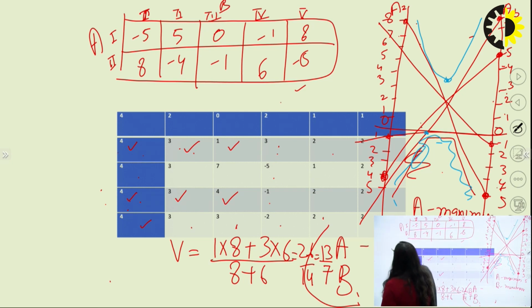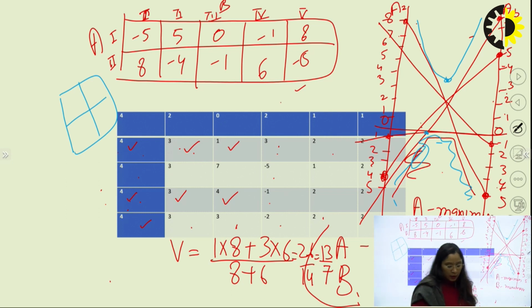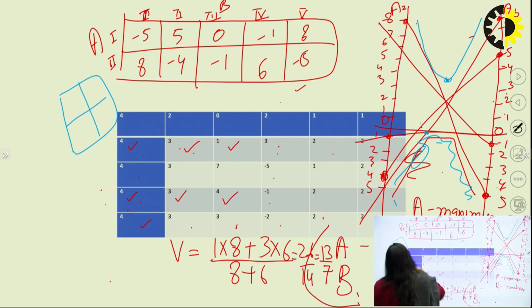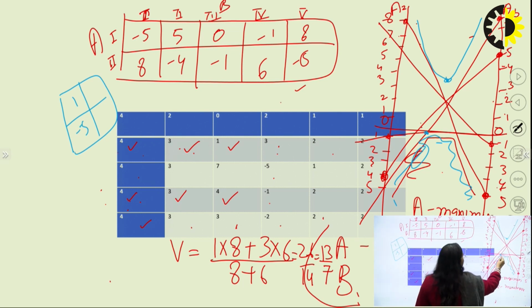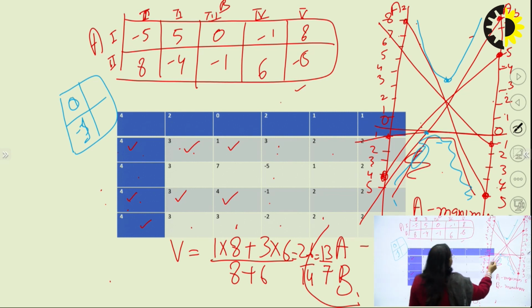Like in this case, we will have, for example, I take this 0, minus 1, and the other line will be this 8, minus 5.